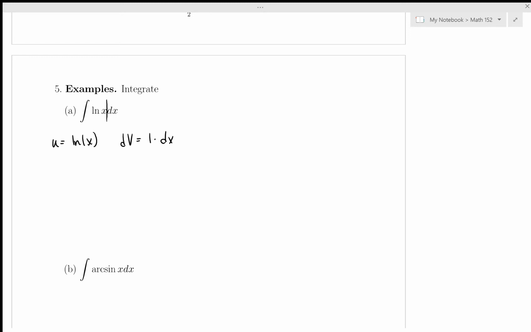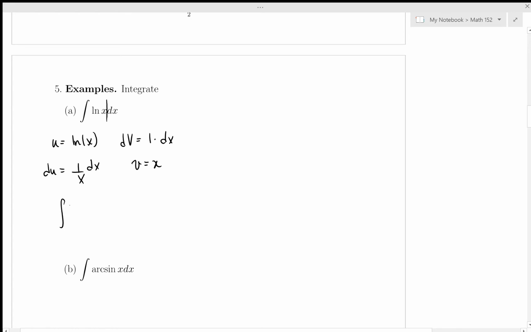Okay, so then when I take the derivative, I get here du is equal to 1 over x dx. And I get here, when I integrate, that v is equal to x. So then I employ the integration by parts formula.